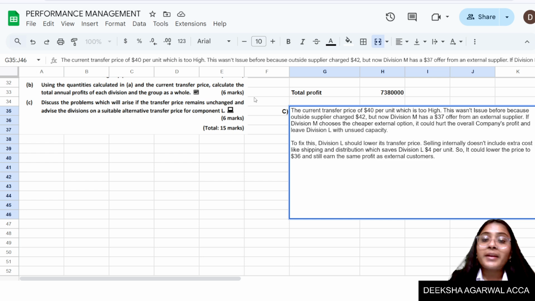So this would benefit division M by saving $1 per unit compared with the outside supplier.